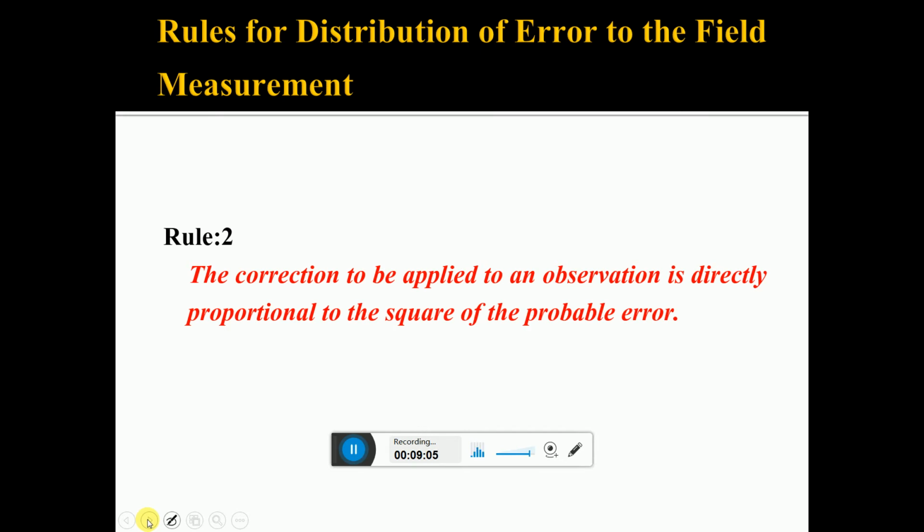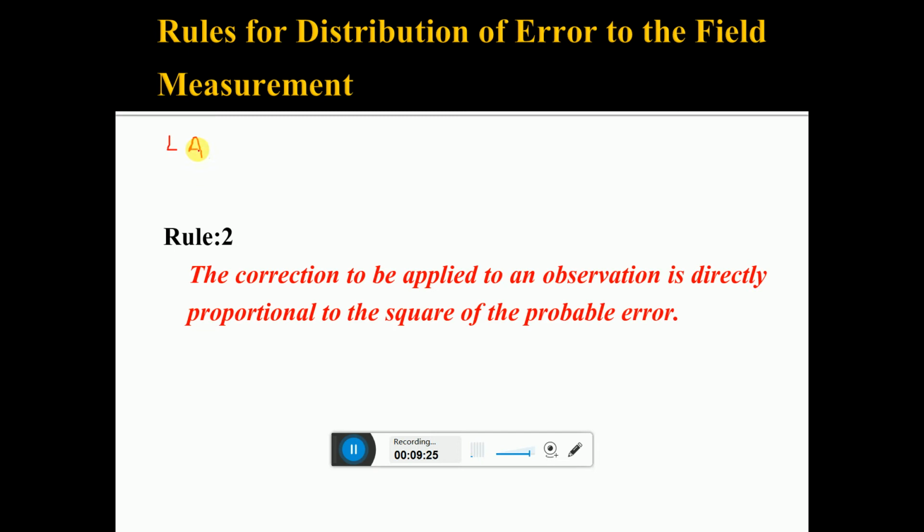Second rule: the correction to be applied to an observation is directly proportional to the square of the probable error. We will take the same example. Let us say there are three angles.